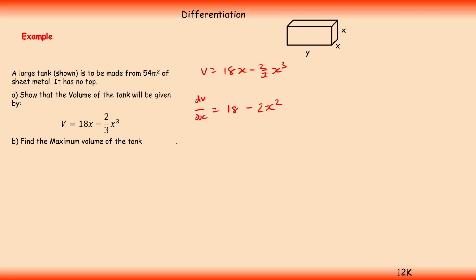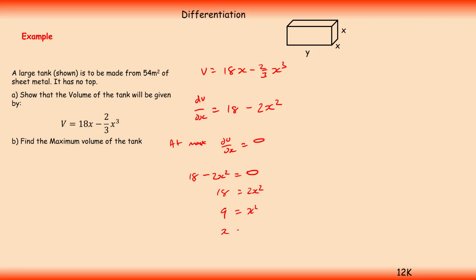Now, at maximum, dv over dx is equal to 0. So that means 18 minus 2x squared is equal to 0. So 18 is equal to 2x squared. Dividing both sides by 2, 9 is equal to x squared.